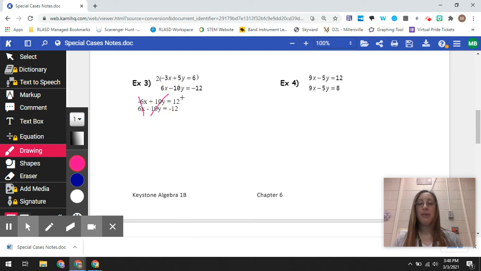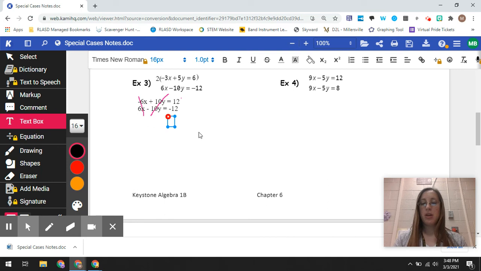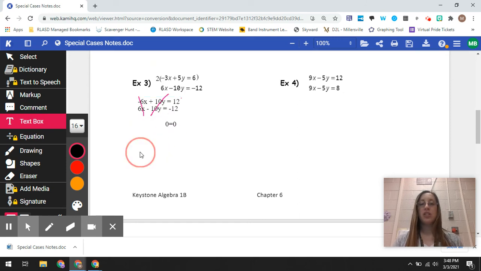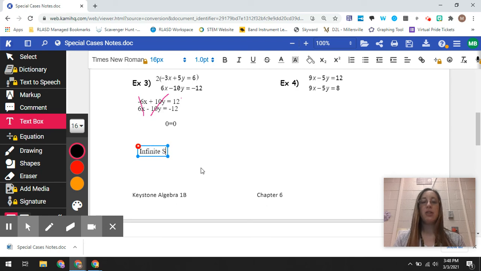Okay, and then if I add my 12 with a negative 12, that's also going to end up being 0. And if you remember when we canceled it out on the last question, it just became 0. So 0 is equal to 0. Is that true? The answer is yes. So it's going to be infinite solutions.